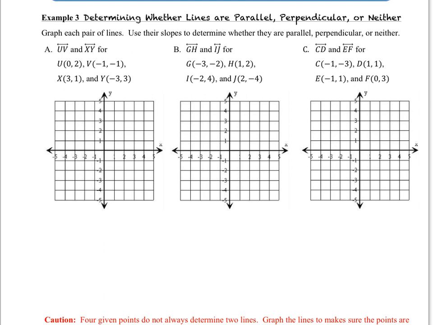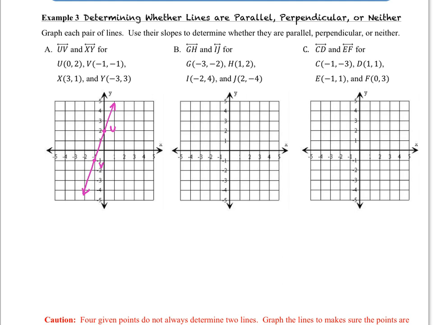In question A, we're going to first start out by graphing lines UV and XY using the coordinates that have been given to us. Point U is located at (0, 2), and point V is located at (-1, 1). Once we've got those graphed, let's draw the line that goes between them.